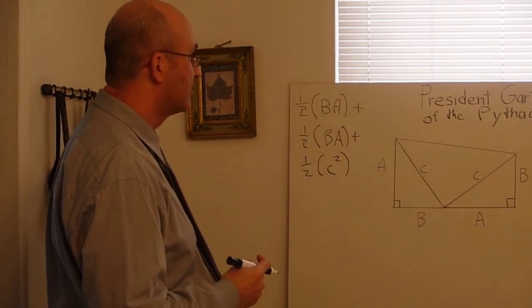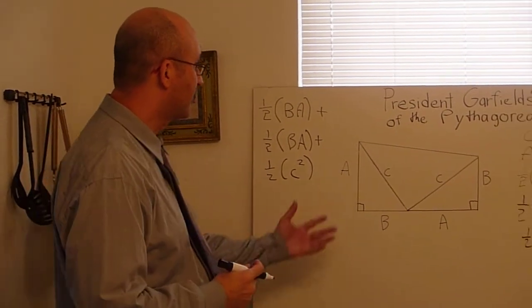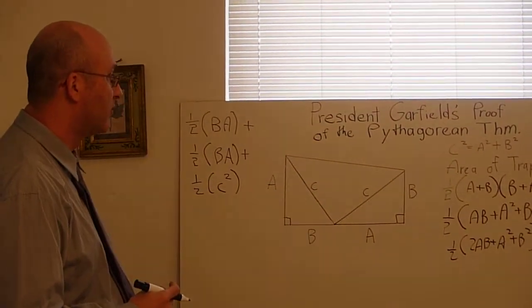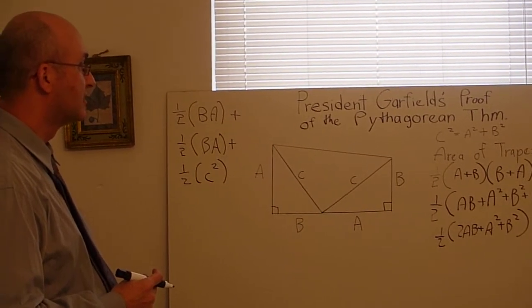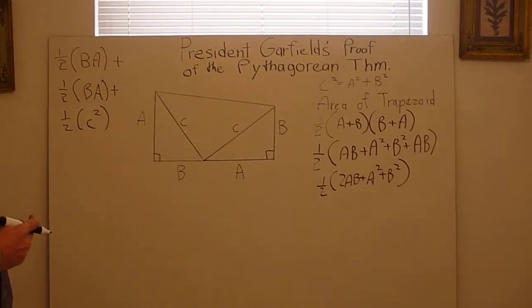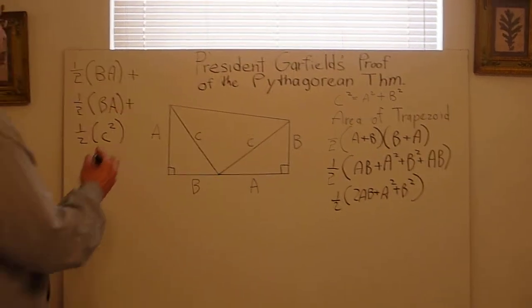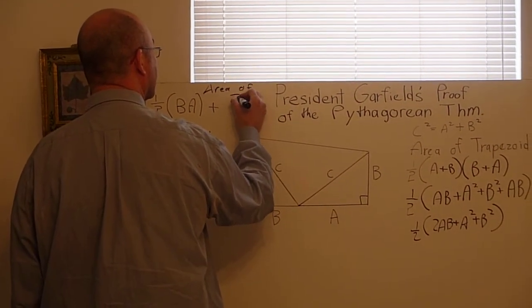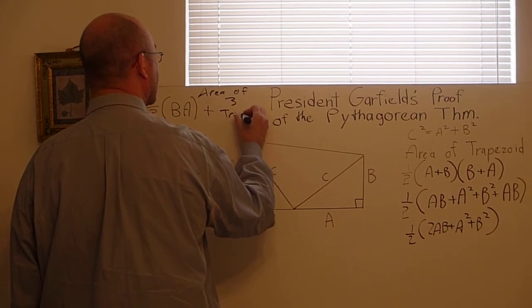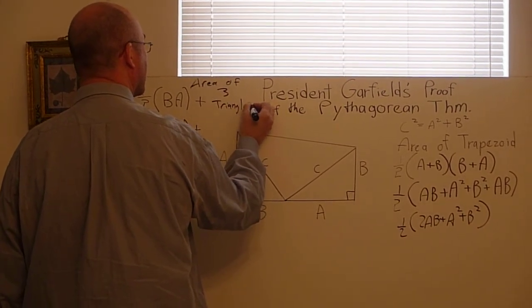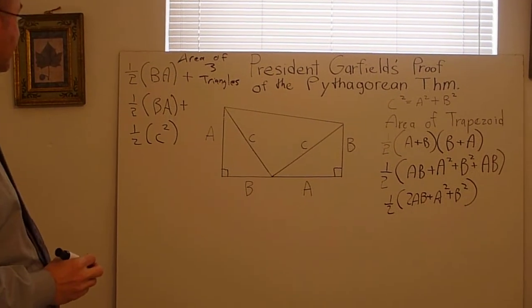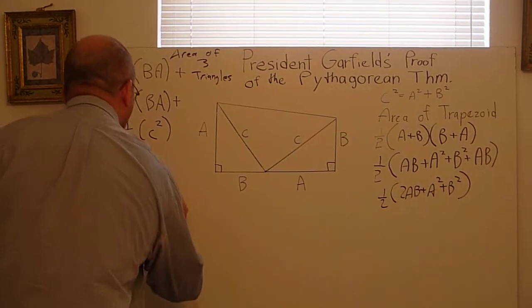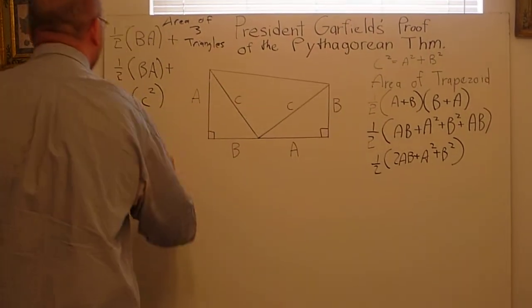Now we know that this trapezoid is composed of the three triangles, so we can equate the expressions that we've computed for the area of the three triangles and the trapezoid. So let's do that. We have 1/2.